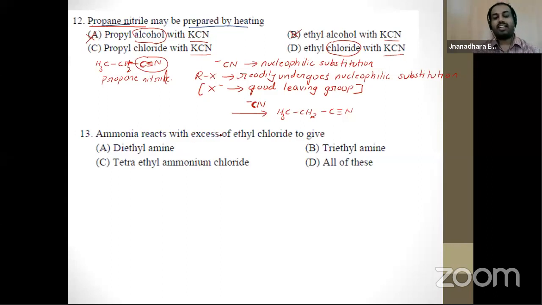Why? Because 1 carbon is already brought in by the cyanide ion, and in the product you require only 3 carbons: 1, 2, 3. That's a simple logic. So which is the option with 2 carbons? It is option D, ethyl chloride. If you use ethyl chloride, CH3, CH2, Cl, the cyanide ion attacks this and chloride leaves, hence you get this as the product.